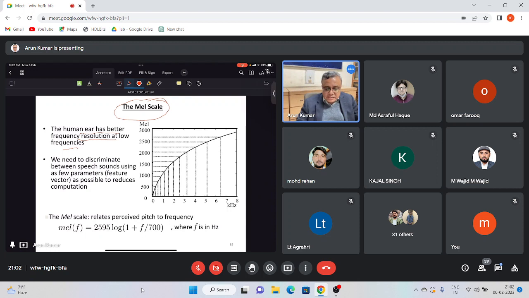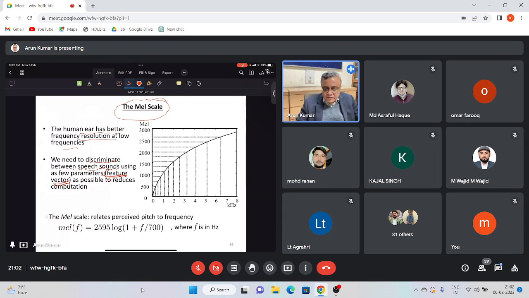So we need to discriminate between speech sounds using as few parameters as possible. Remember that when we say discriminate speech sounds, we are pointing towards the application of recognition. We want to discriminate and recognize speech sounds. And this we want to do with as few parameters as possible, which will then constitute the feature vector.